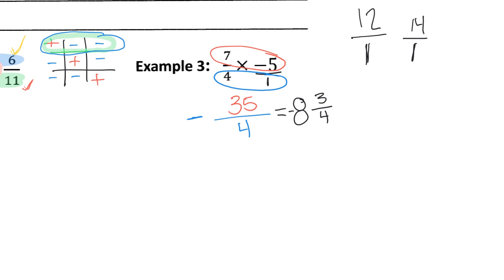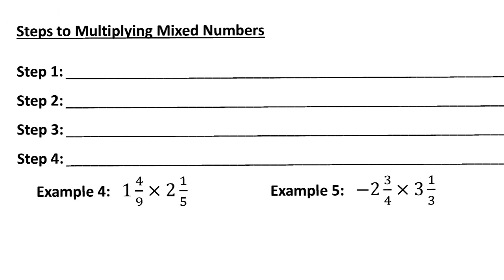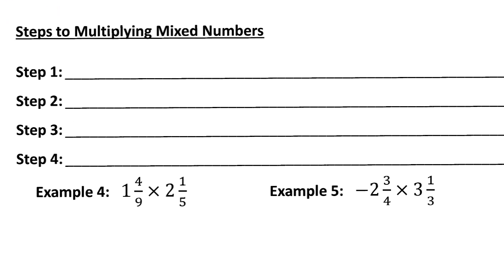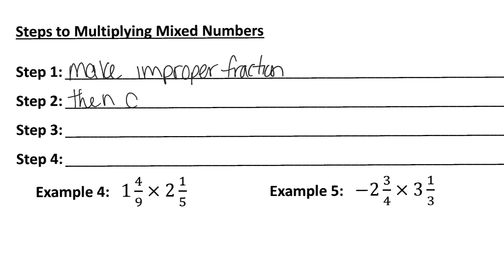Let's jump down to multiplying mixed numbers. So just like previously, there's only one step that's different. You always want to make them improper fractions first. Then we want to check for cross products. Okay.